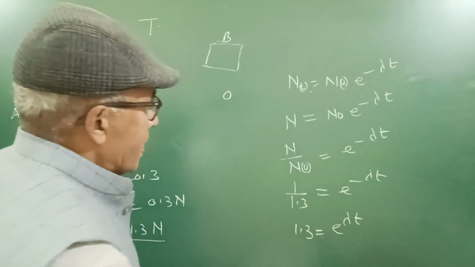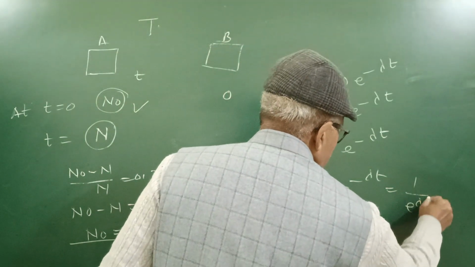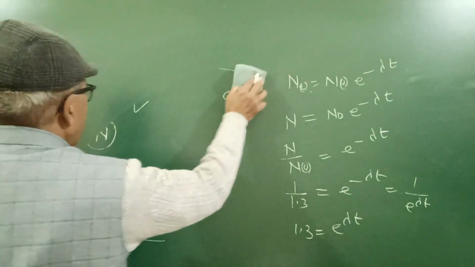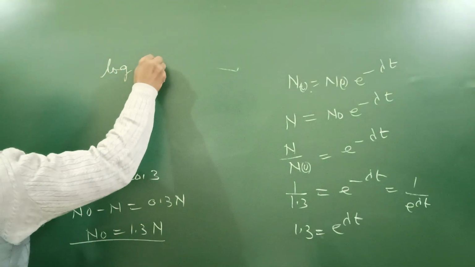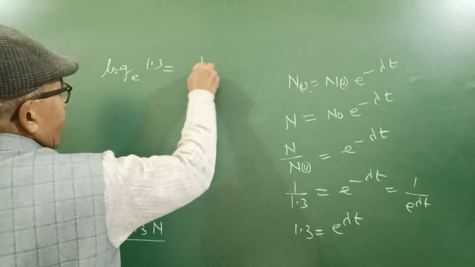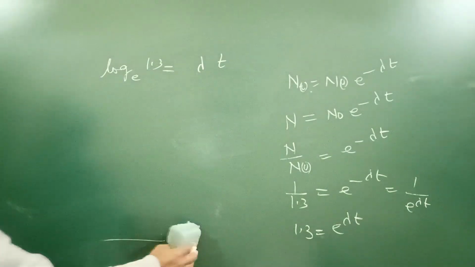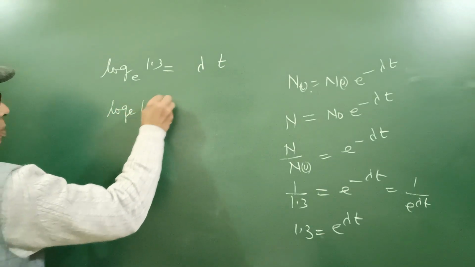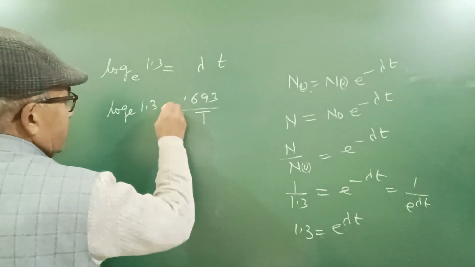So therefore log of 1.3 on base e is equal to lambda t. Lambda, you know, is 0.693 upon t half.